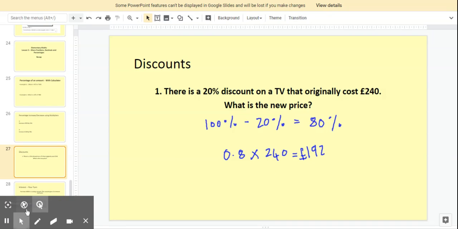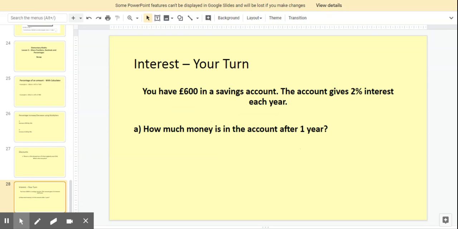We also talked about a real-world application of an increase. So that would be, for instance, with interest. Each year it's increasing by an amount, so 2%. So we'd have 100% plus 2% to give us 102%. And then we'd have 102% divided by 100 to give us our decimal.